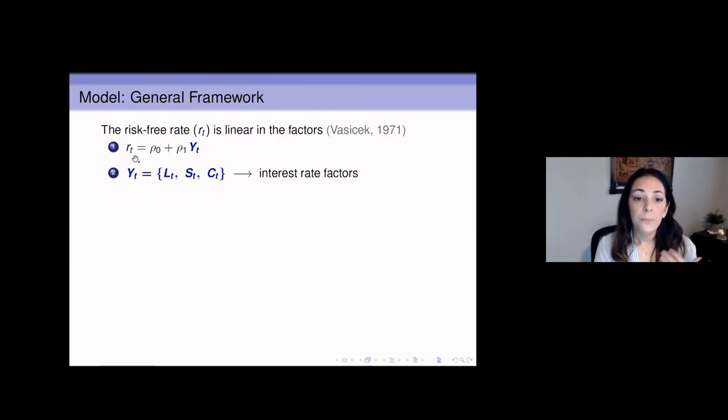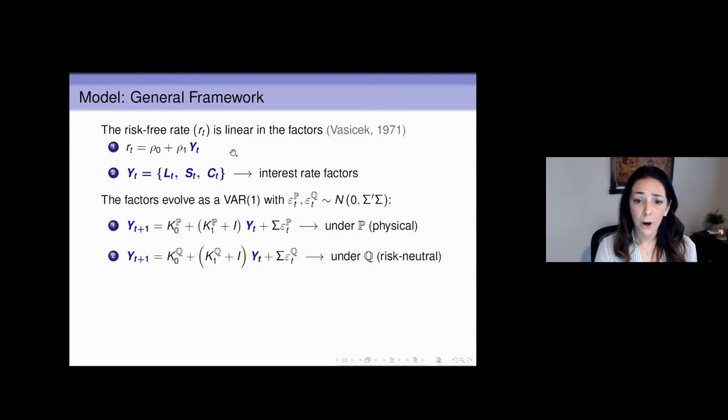So for example, the US risk-free rate is going to be a linear function of the US level, slope, and curvature from the yield curve. And the UK's risk-free rate is going to be a function of the level, slope, and curvature of the UK yield curve, so the UK's interest rate factors. And then rho 0 and rho 1 are parameters that I will be estimating from the model.